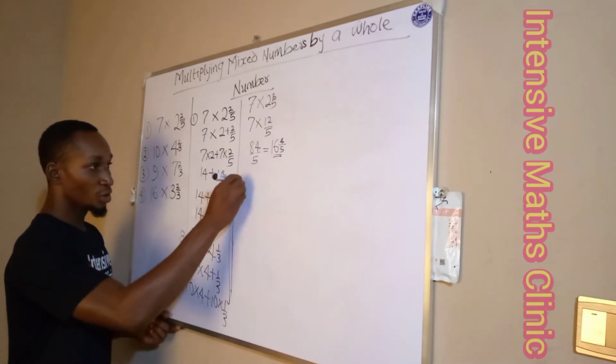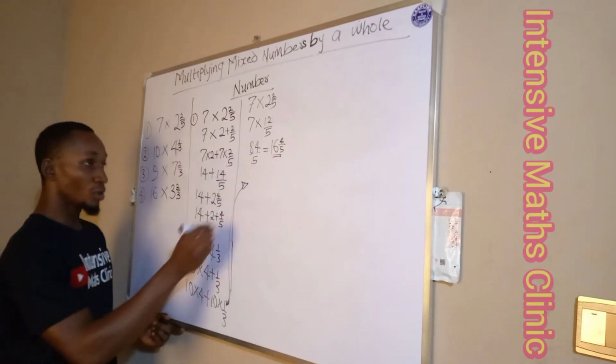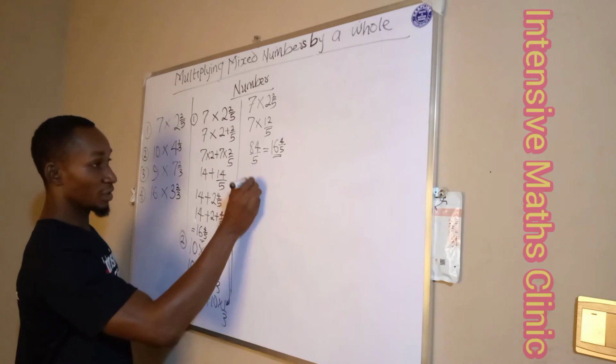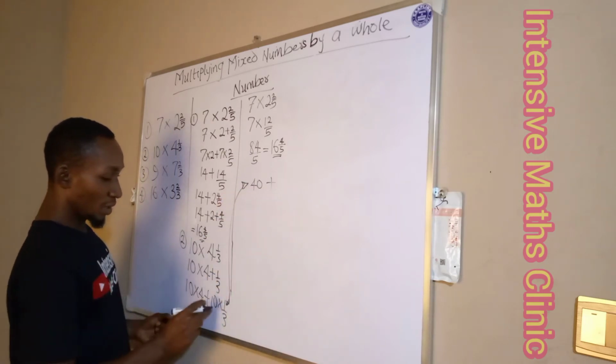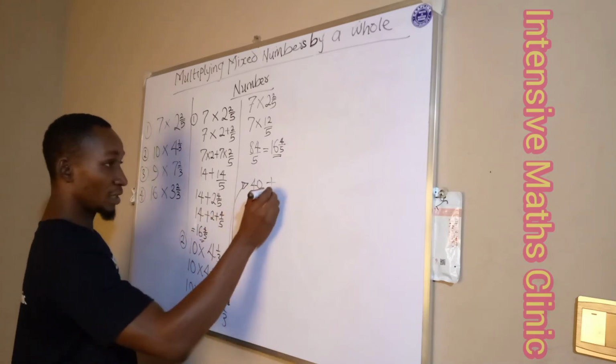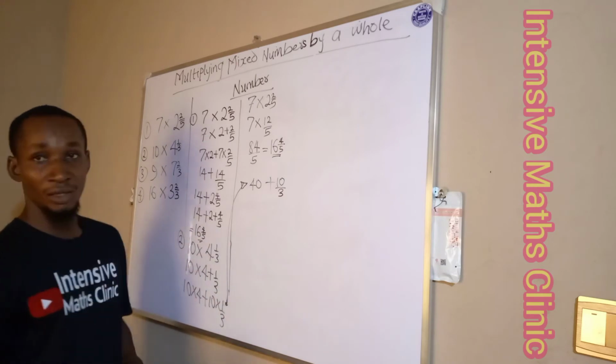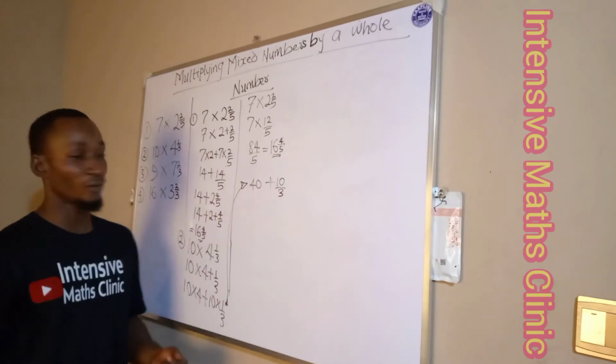So the solution continues from here. 10 times 4 is 40, plus 10 times 1 over 3 is 10 over 3. Mathematically, 40 is equivalent to 40 over 1.